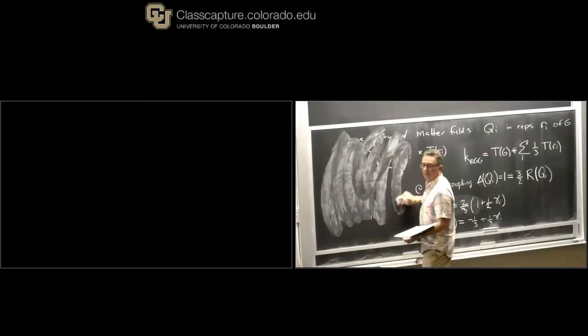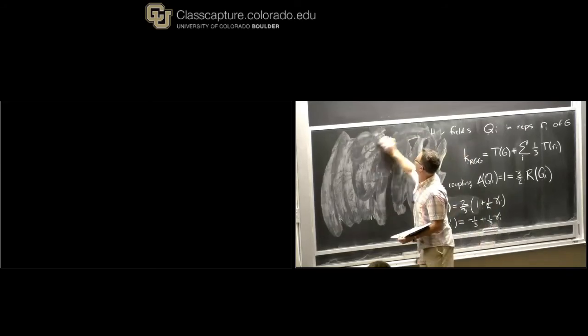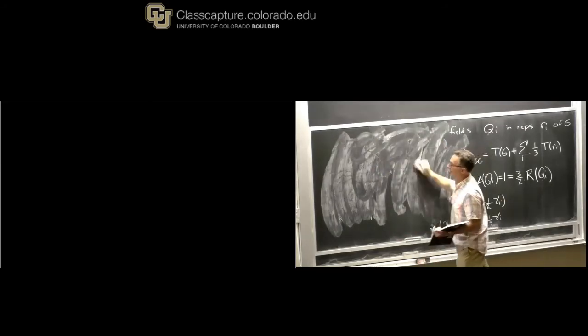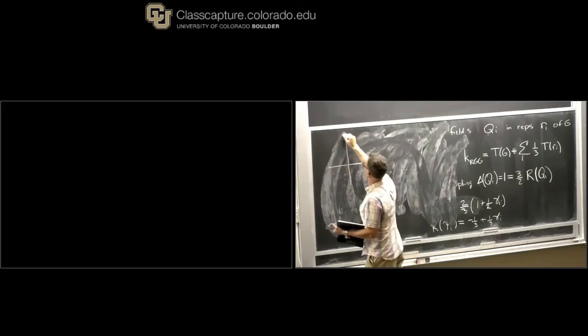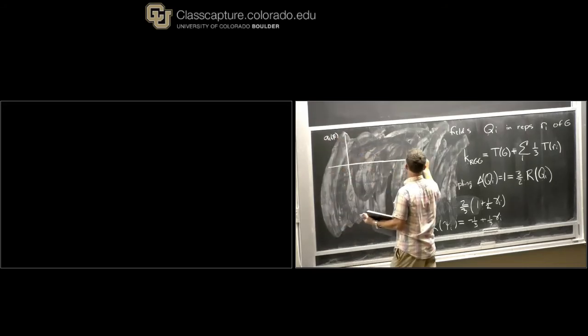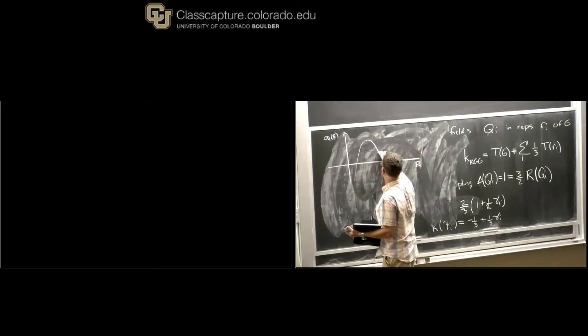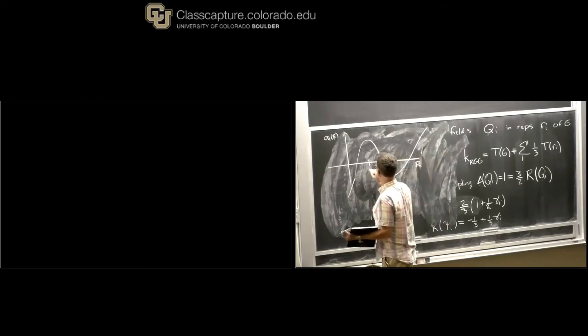In fact, if we look at this function A1 of R, if we just plot this function as a function of R, it's some cubic function like this, and it has a local maximum at 2/3.